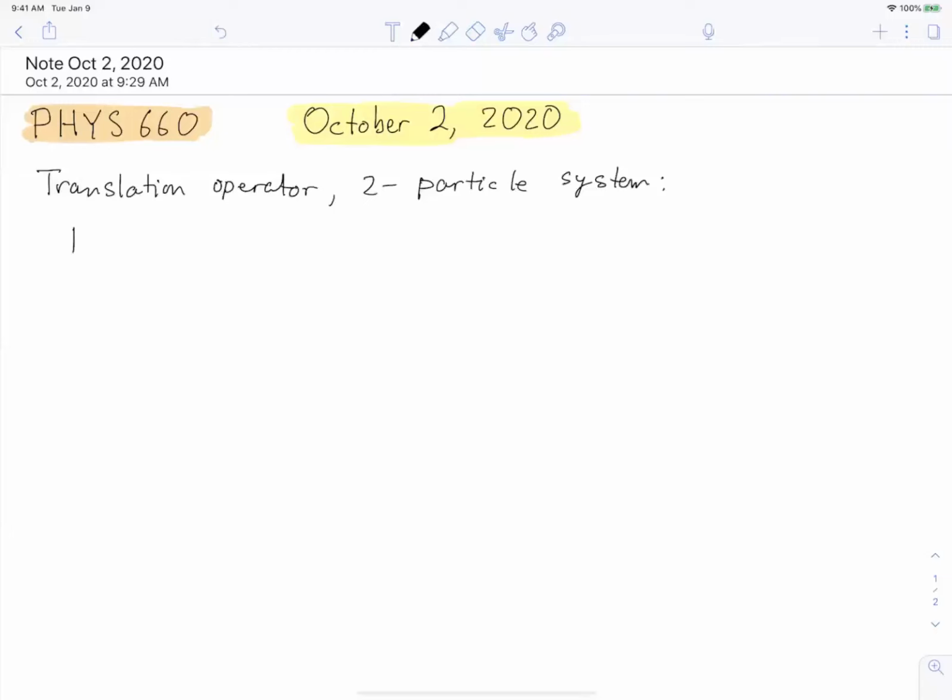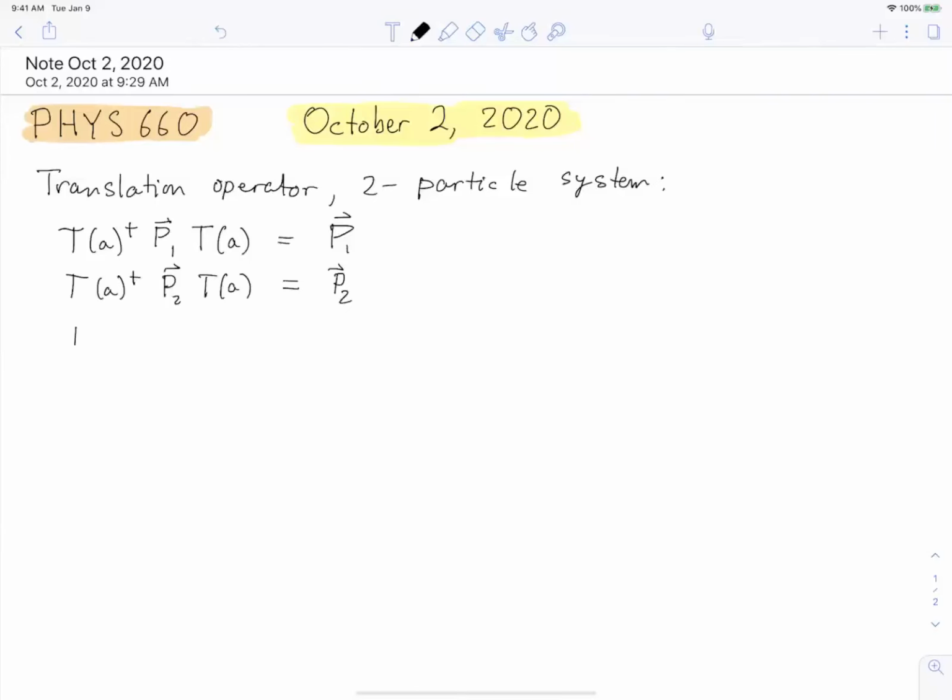So one is that if you take the translation operator dagger and you act on a momentum operator for one of the particles and then act with T_A, you get back P1. And the same thing for the other particle. So independently, we can translate the two momenta.